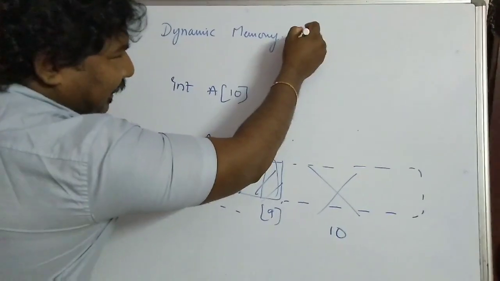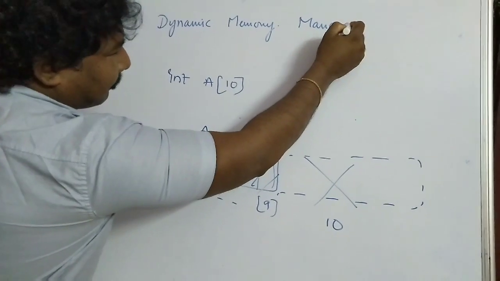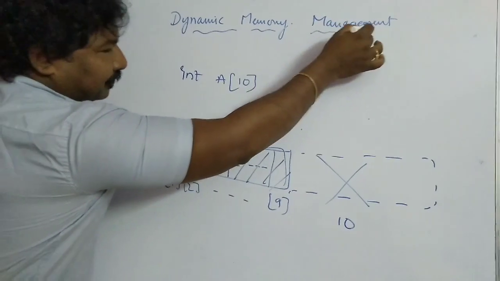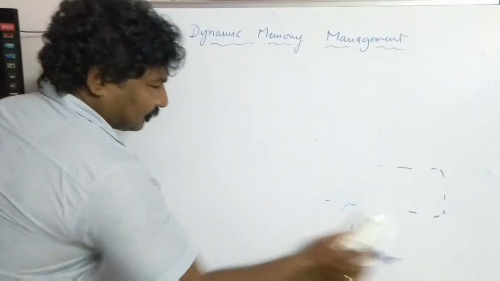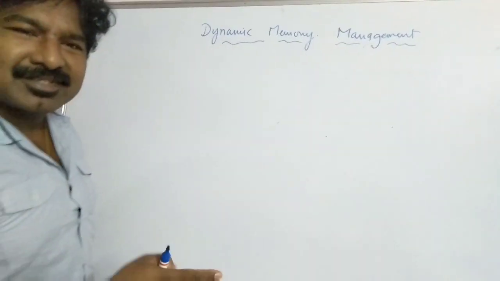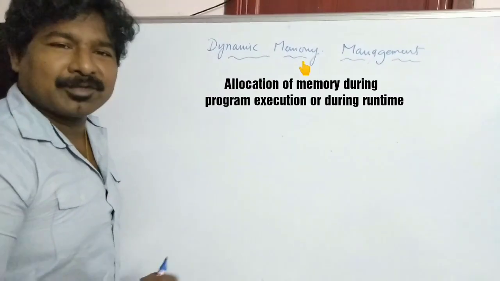Or dynamic memory management. So what is this dynamic memory management? With it, you can dynamically increase or decrease the size of the array or structure during execution of the program.